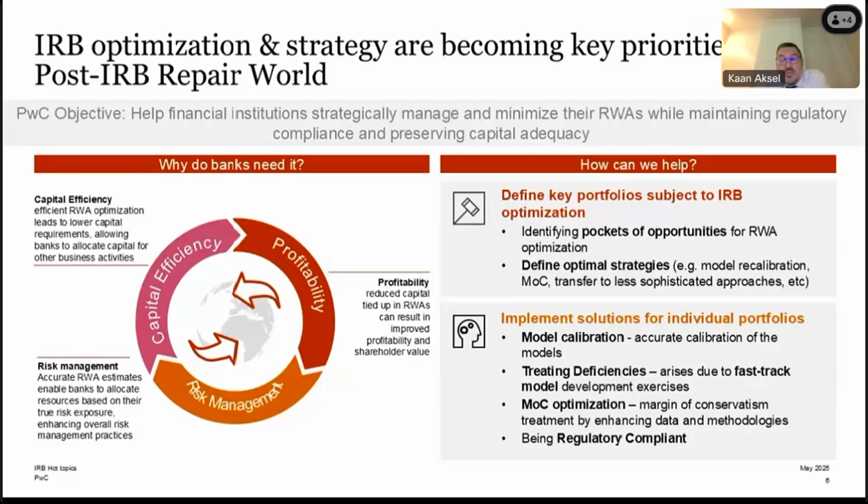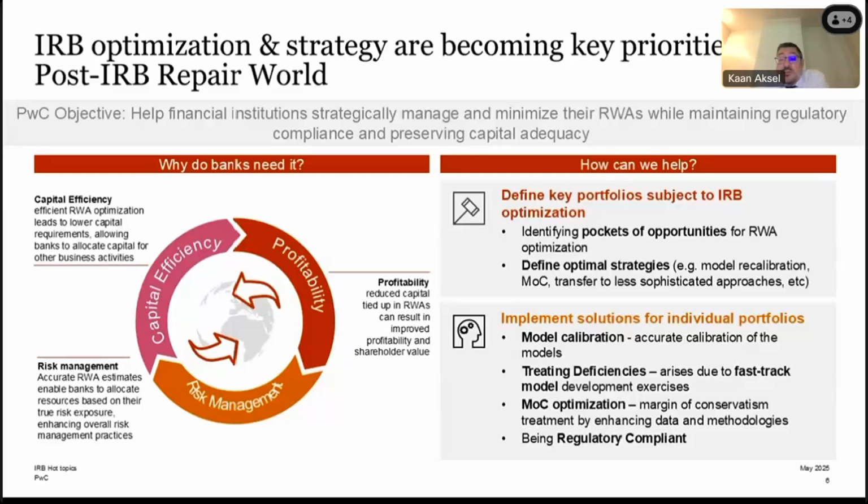One dimension is capital efficiency, the second is profitability, and the last is how we can use accurate estimates, enabling banks to allocate resources based on their true risk exposure rather than elevated ones resulting from different means of regulatory push.